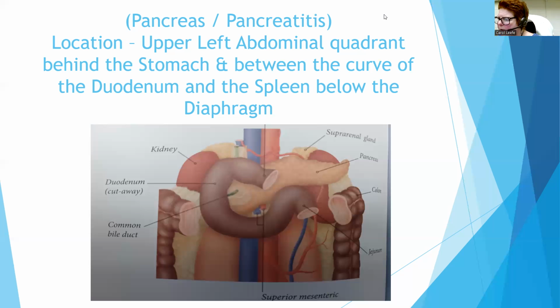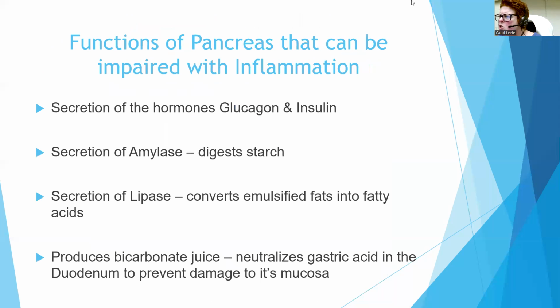So you can see where the pancreas is. It shows you the common bile duct and where the duodenum is located, which is the very first part of the small intestines that links to the pylorus of the stomach and then to the rest of the small intestines. And as you can see, the colon goes on either side. The endocrine functions of the pancreas are the secretion of hormones, glucagon and insulin.